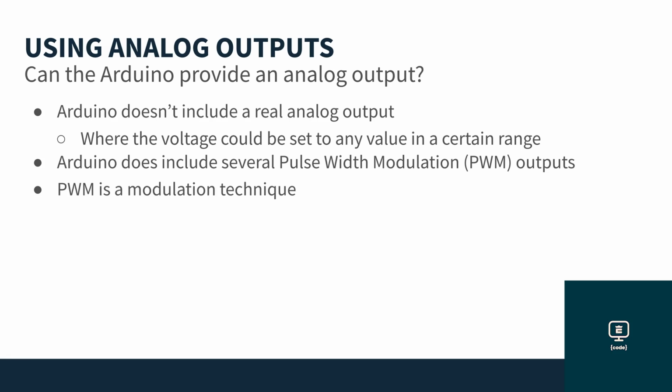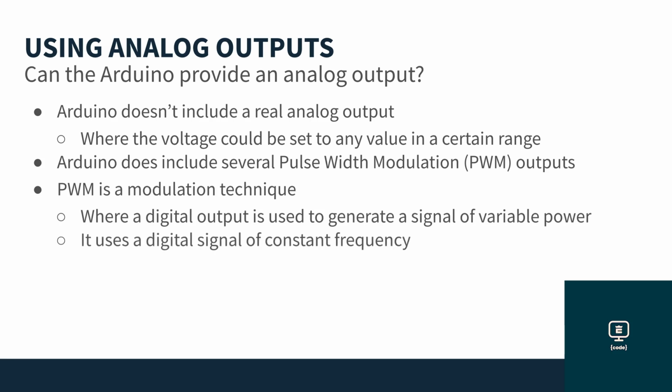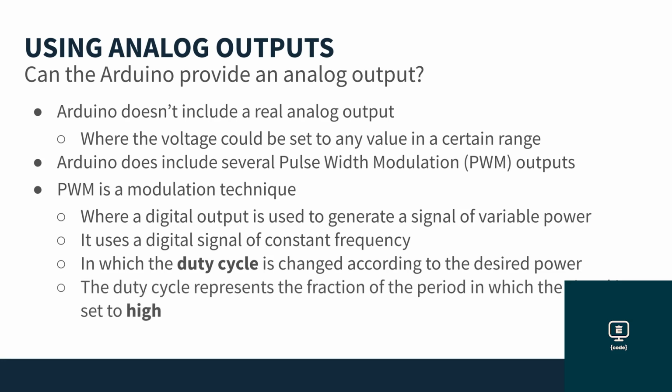PWM is a modulation technique, and it's where a digital output is used to generate a signal of variable power. And it uses a digital signal of a constant frequency, so this frequency is going to stay the same, but the duty cycle is changed according to what you want the desired power to be. So the duty cycle represents the fraction of the period of time in which a signal is set to high.